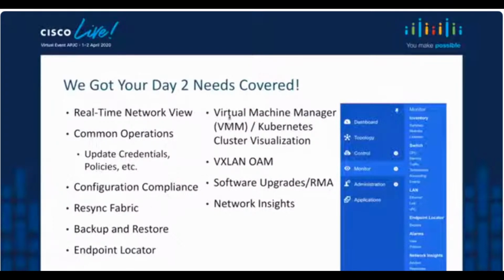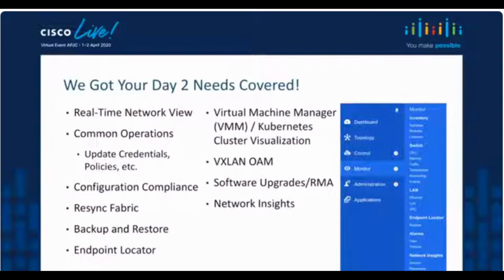Virtual Machine Manager or VMM allows for integration with vCenter and gives you that compute visibility along with the network view. DCNM 11.3 also has a preview of the Kubernetes cluster visualization that we'll look at. VXLAN OAM is used for debugging of data plane and flows within VXLAN tunnel directly from DCNM.